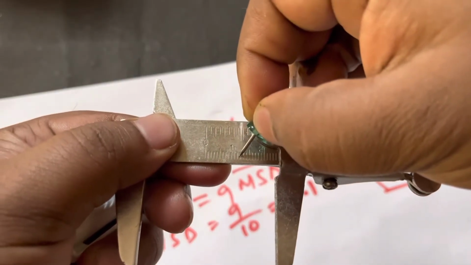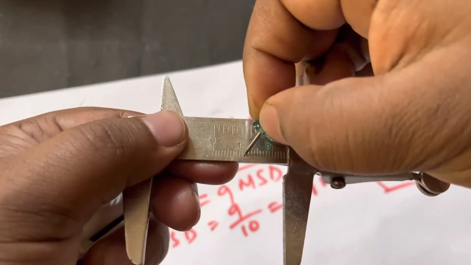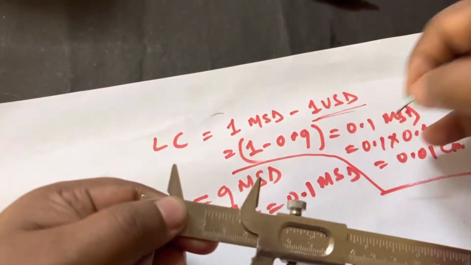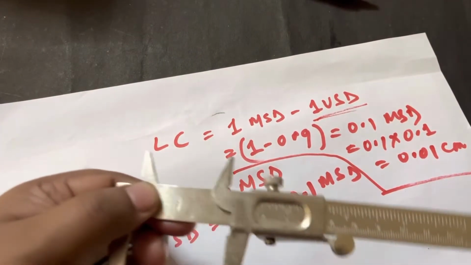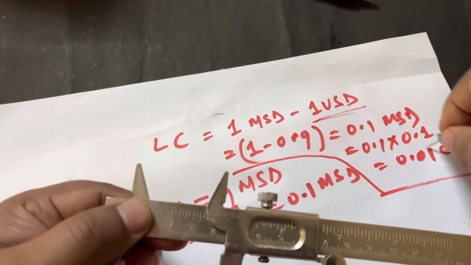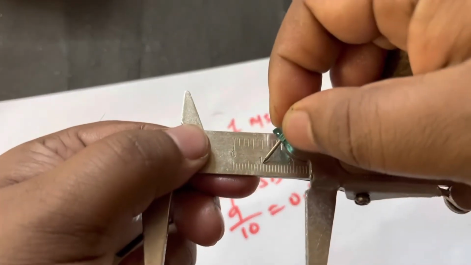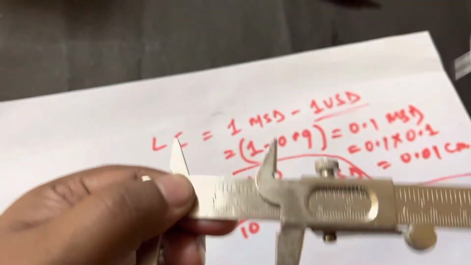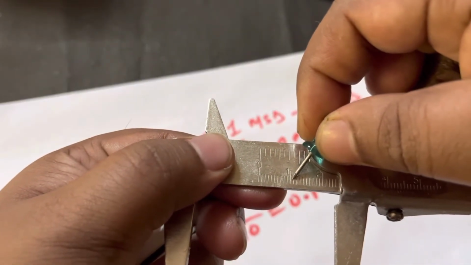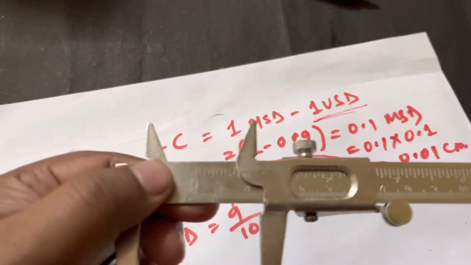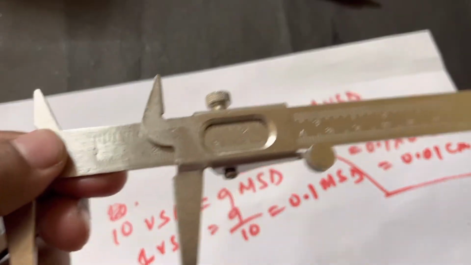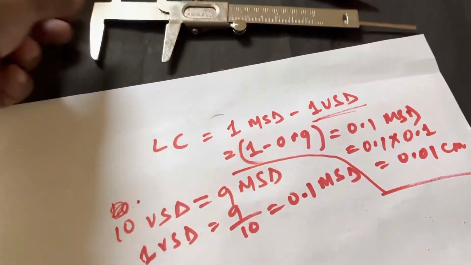Generally we take 1, but if you want to measure precisely, that extra amount also we can measure using the Vernier calipers, because we can measure with the precision 0.01. So if it is in between here, it will be 0.05. If it is close to 1.1, it will be, let's say, 0.09. So like that.